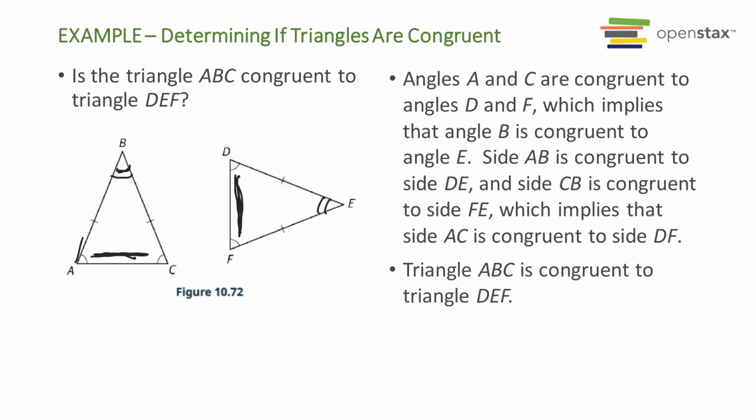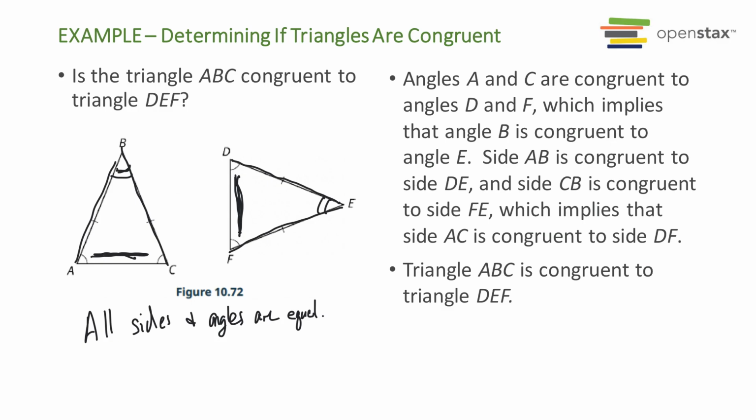And we're given that AB and DE, as well as BC and EF, are the same length. So what we basically have is all the sides and all the angles are the same. So all the sides and angles are equal, and these 2 must be the exact same triangle. It's just that DEF has been laid over on its side.